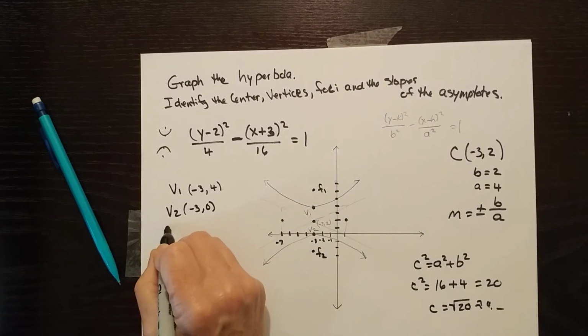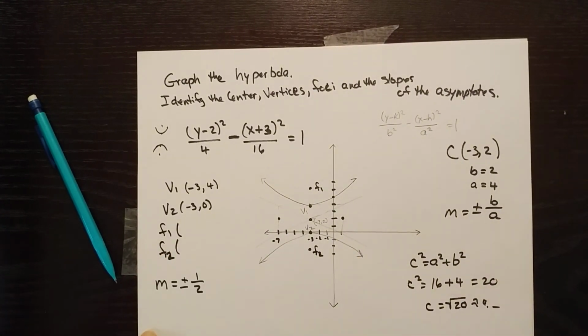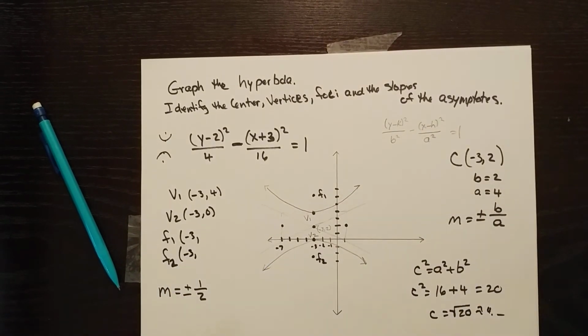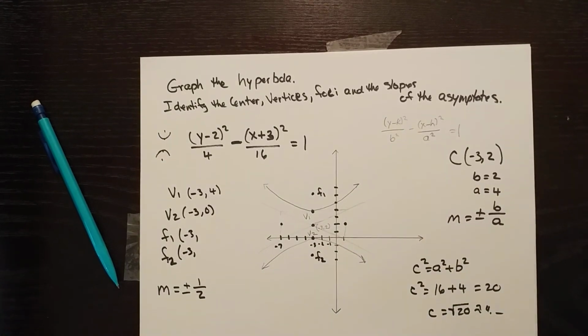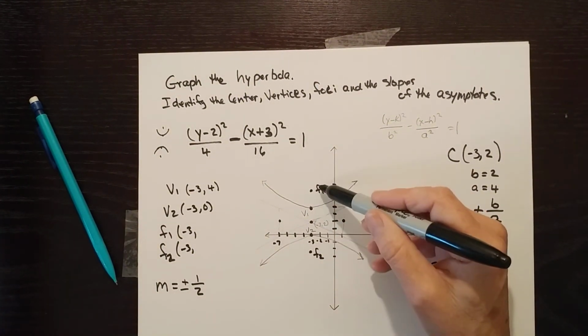Now, when I label my coordinates, I'm going to be very careful and label them accurately. The x coordinate for the foci is -3, both of them. How far up do we go? We go 2 plus c. From the center, we go c units up to get to the foci.